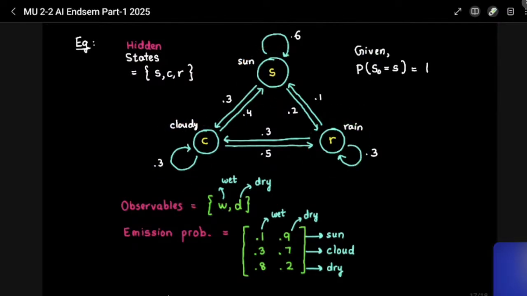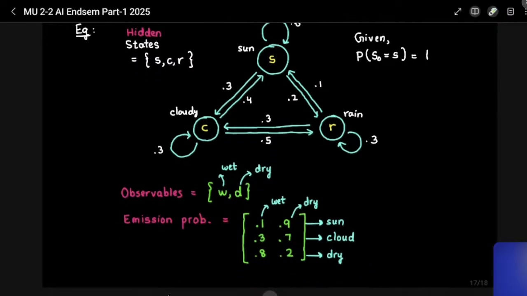The only thing you can see is the state of your friend: you can observe if his clothes are wet or dry. The emission probabilities matrix size will be the number of hidden states cross the number of observables. You have 3 hidden states and 2 observables, so it's a 3 by 2 matrix.